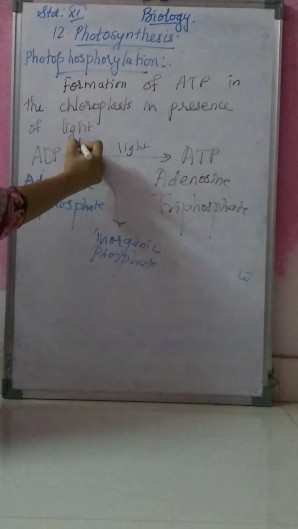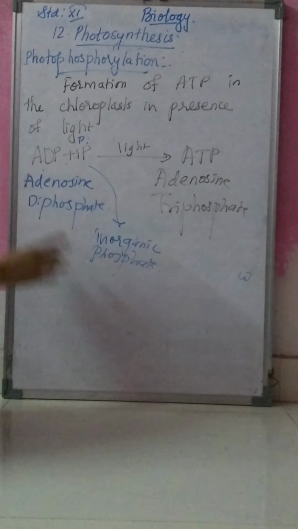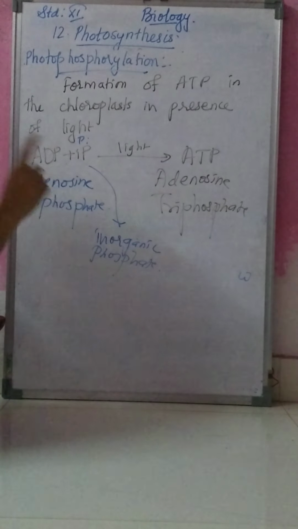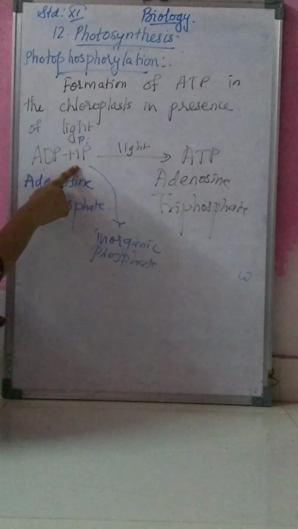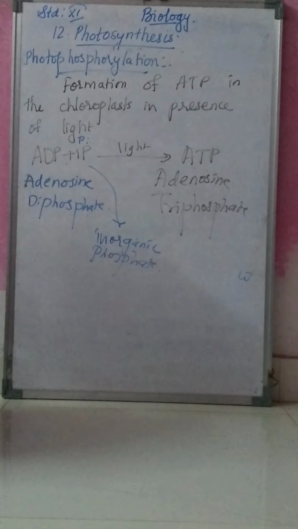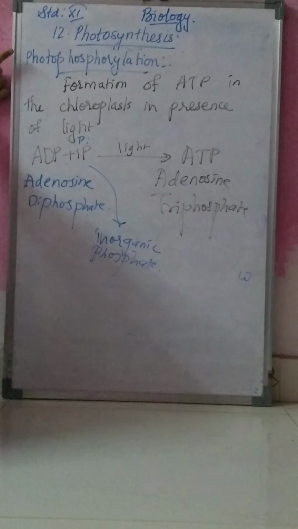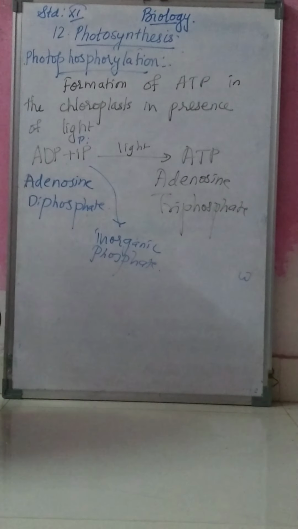IP is sometimes written as PI. It is one and the same thing, no problem. So formation of ATP from ADP and IP or PI, that is inorganic phosphate, in presence of light and chlorophyll is known as photophosphorylation. This is very important because in photophosphorylation ATP formation takes place. ATP is the source of energy.